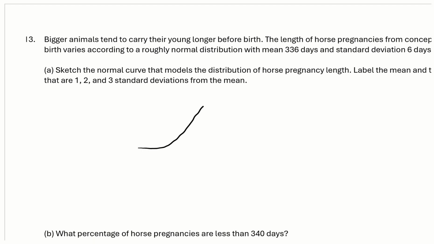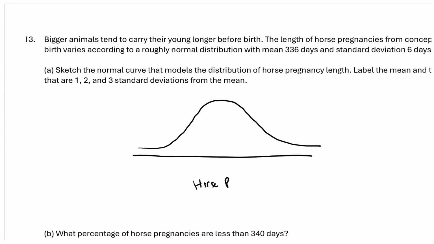Okay, so just draw a normal distribution and label your stuff. We got horse pregnancy term in days. We got 336 in the middle because that was the mean, right?